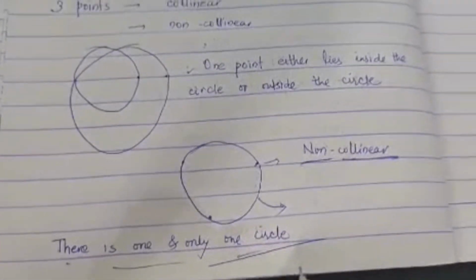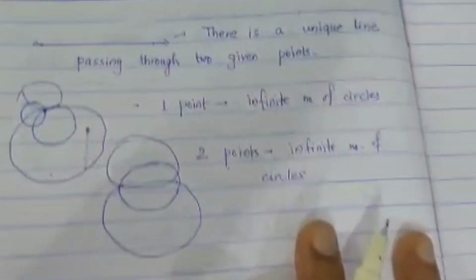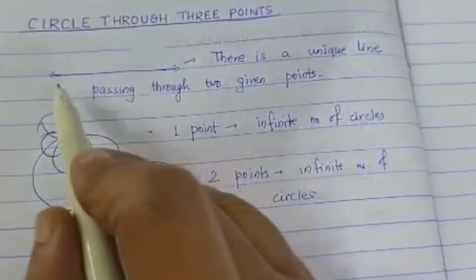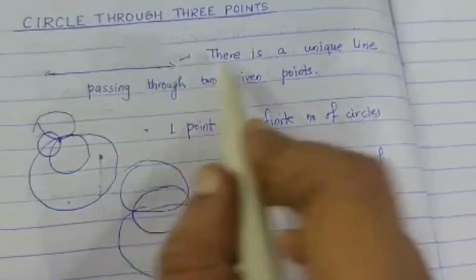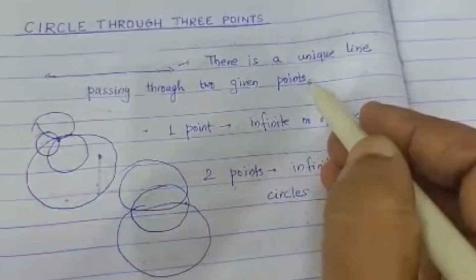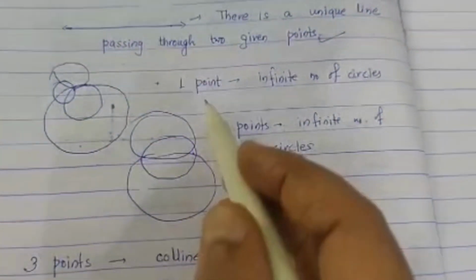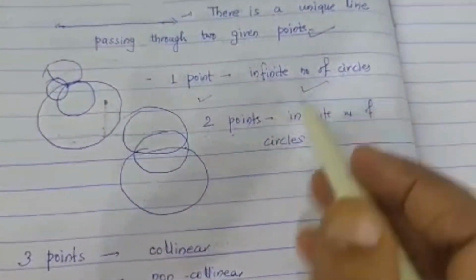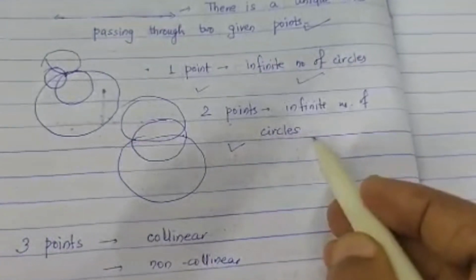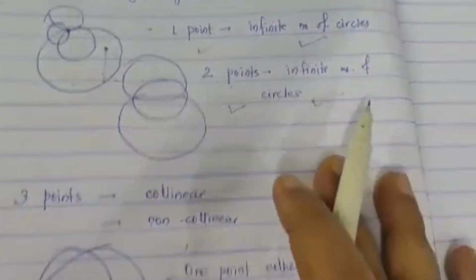First understand these things, that if 2 points are given, then there is a unique line passing through these two given points. Now if 1 point is given, we can draw infinite number of circles. If 2 points are given, we can draw infinite number of circles again.